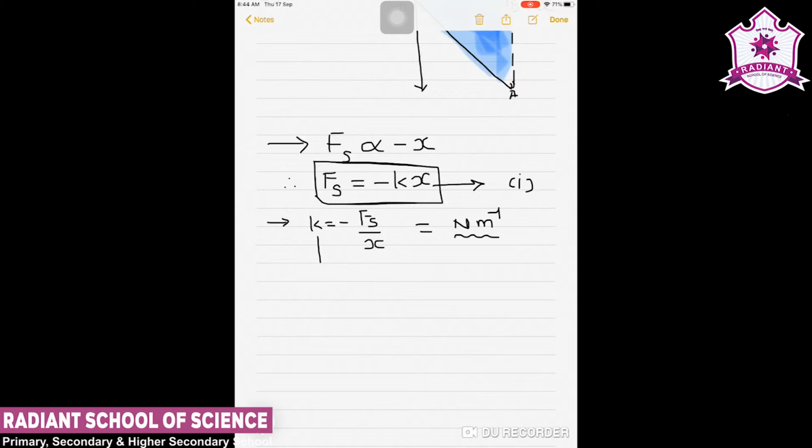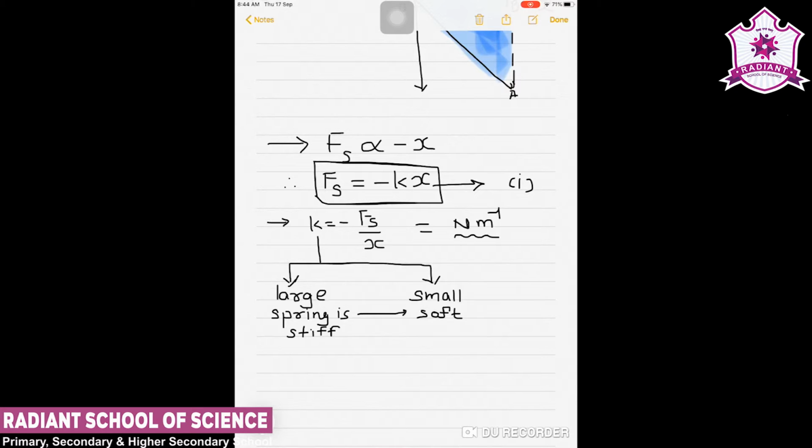So if the value of k is large, the spring is stiff. In the same manner, if the value of k is small, then the spring is soft. So on the basis of this k, we can decide whether the spring is stiff or soft.